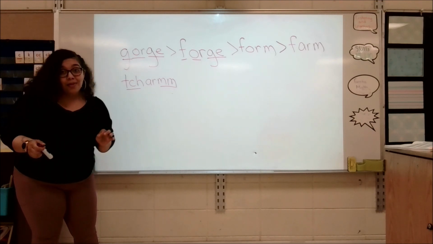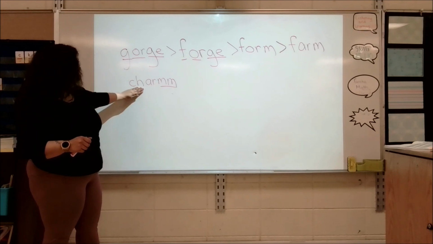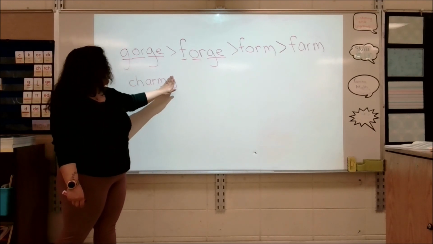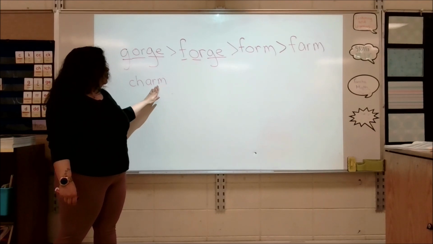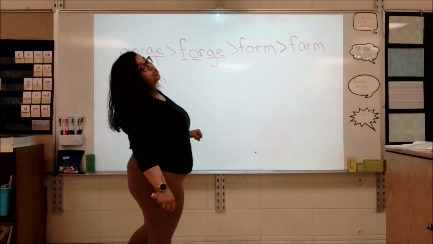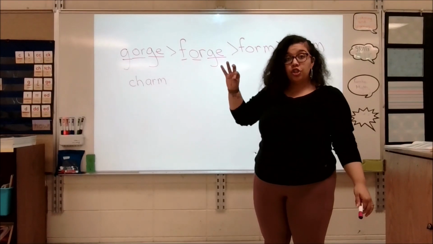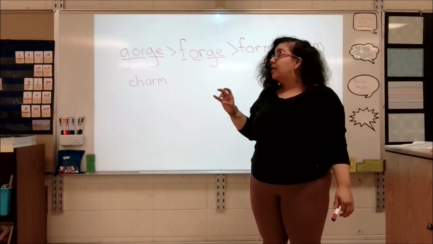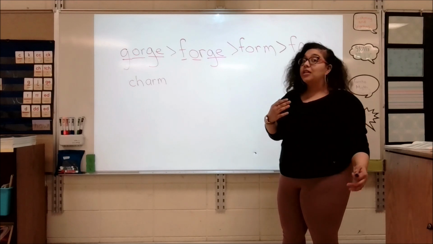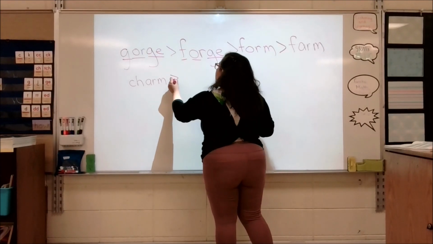The problem we see here is that we don't use TCH at the beginning of words, do we? And we don't use the double M, double letter spelling at the end of words, do we? So charm is C-H-A-R-M, because there are rules as to where we use the different spellings we've learned. So from farm to charm.